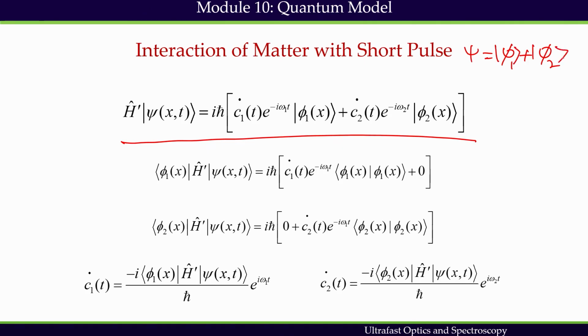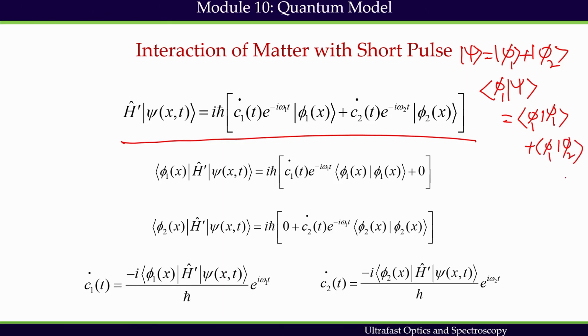Then what I do is multiply both sides with, let's say, phi 1, the complex conjugate of phi 1. So I get this expression on the left hand side, and on the right hand side I get phi 1 phi 1 plus phi 1 phi 2.